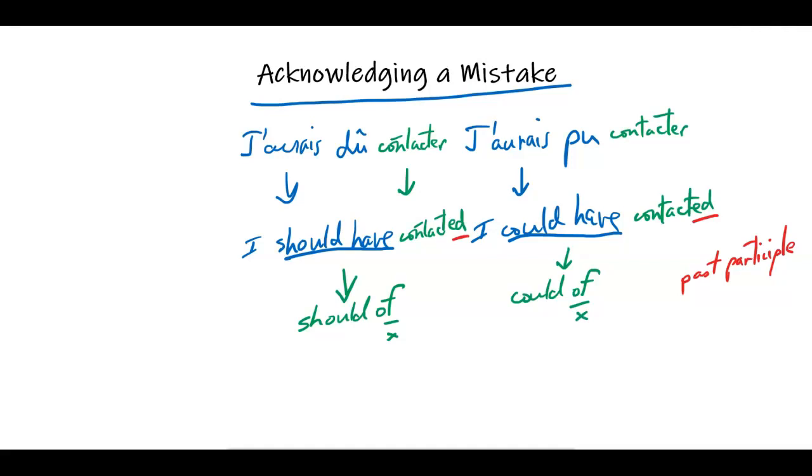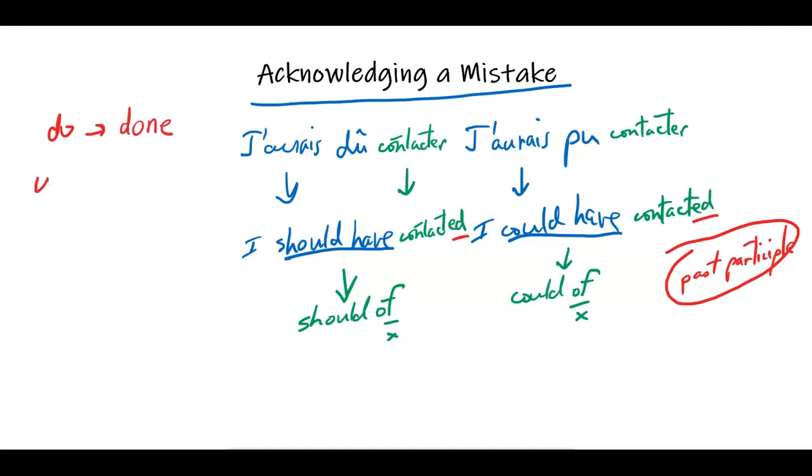Is there anything else I should add to this? Yes, irregular verbs. So when a verb is regular, it's got an ED, that's fine. But what do we do when it's an irregular verb? Well, you have to know, again, the past participle form. So past participle when it's an irregular verb will be different. So something like do in the past participle is done.